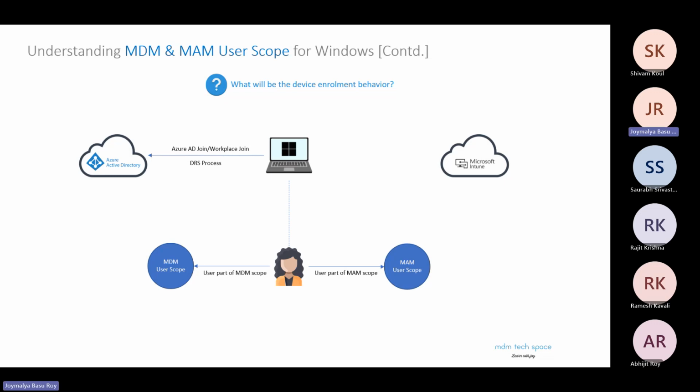If it determines that the ownership of the device is corporate, then it will get the MDM enrollment URL and the device will get automatically enrolled to Intune. However, if it determines that the device ownership is personal, then it will do a MAM enrollment. And again, if it does a MAM enrollment, you always have the option to manually enroll to MDM as well.